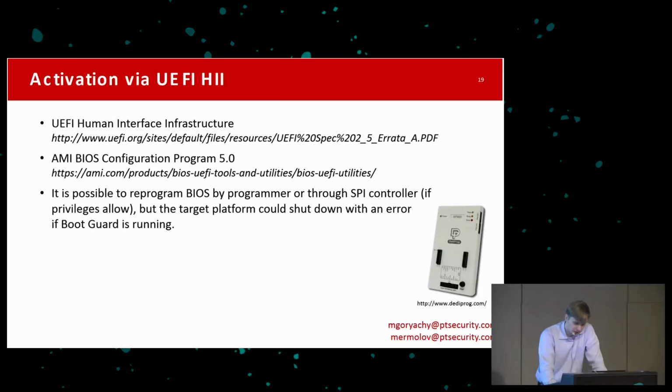UEFI defines a default value for each option, and we find the option connected with DCI. It can be activated to set defaults, then we reset the BIOS to default using the standard interface, and we obtain a working DCI. It's easy.